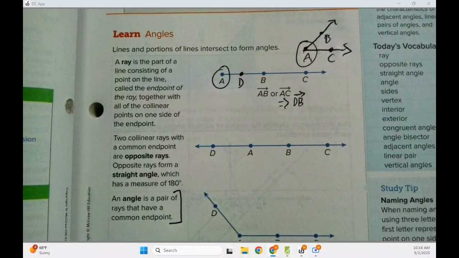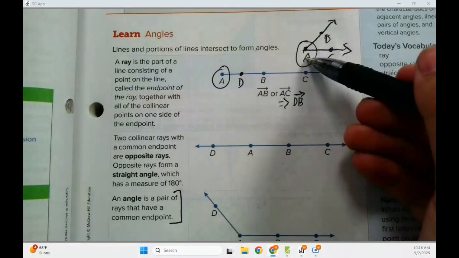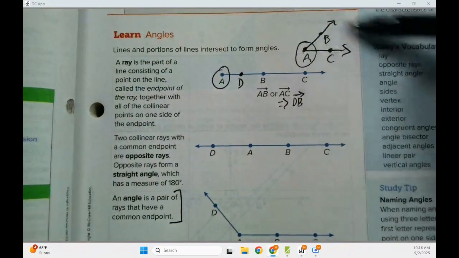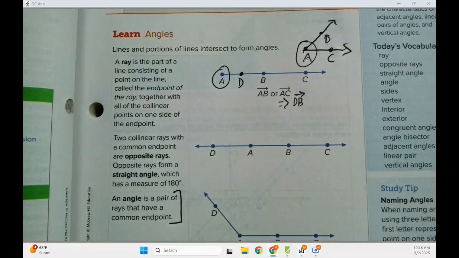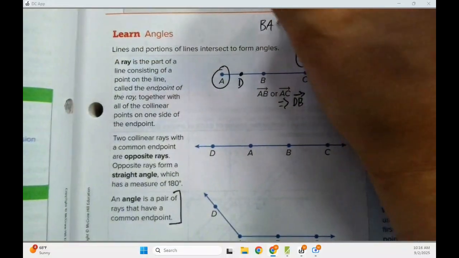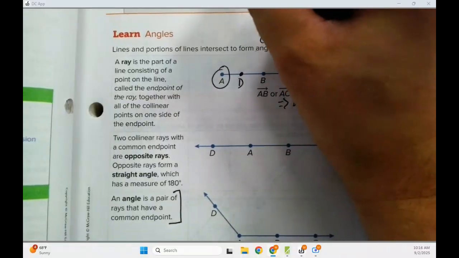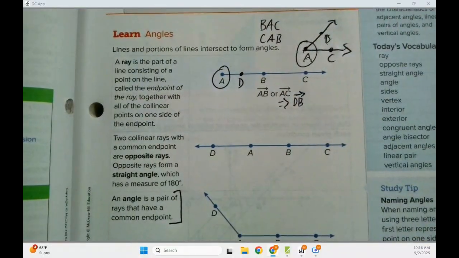You name it with 3 points where the second one is your shared endpoint, your common endpoint. So what is a name I could give to this angle right here? I need 3 points where the second one is the shared. How do I name that? B, A, C. What else can I call it? C, A, B. Exactly, where the second one is the shared point.